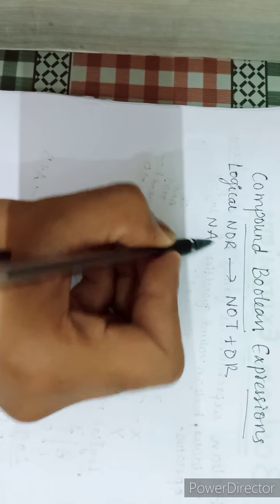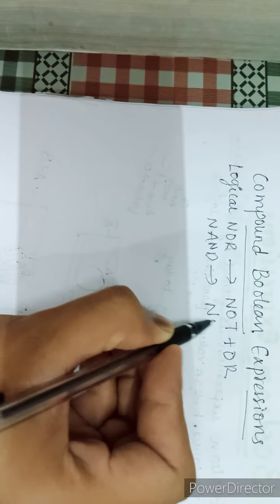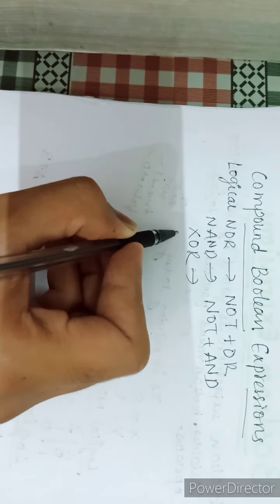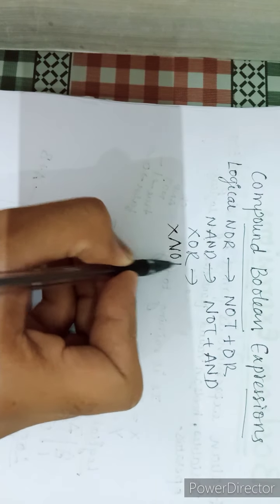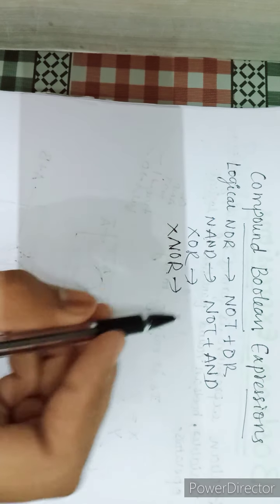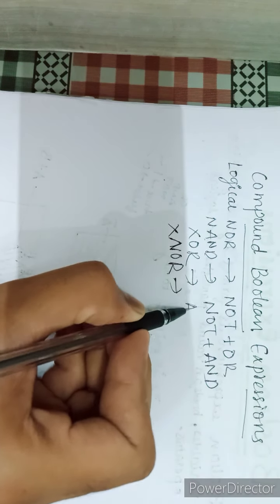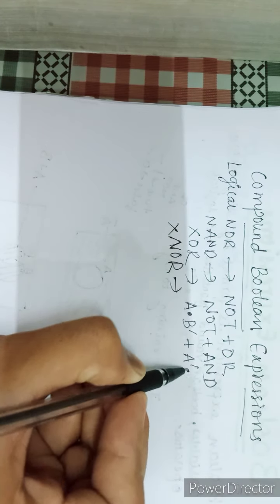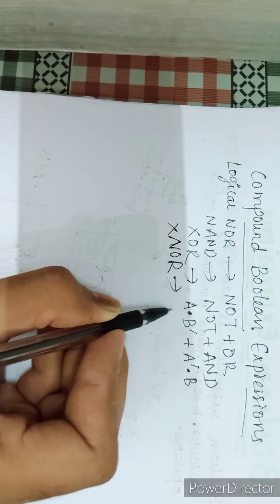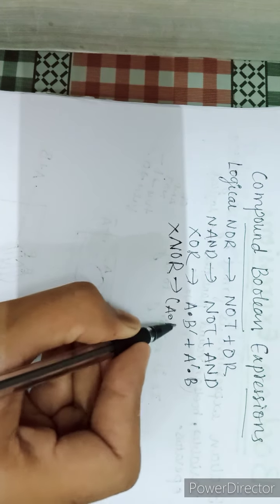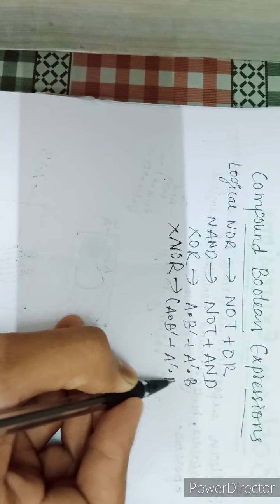Logical NAND is formed by NOT plus AND. And XOR and XNOR: XOR is exclusive OR and XNOR is exclusive NOR. XOR is A dot B bar plus A bar dot B, and XNOR is the negation of XOR.